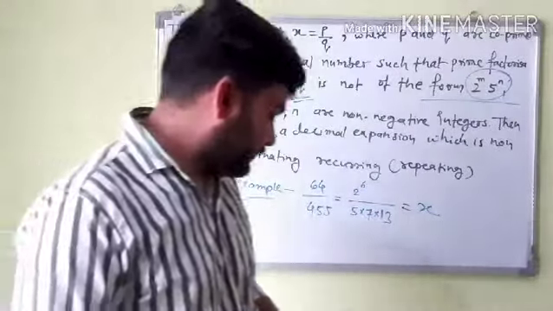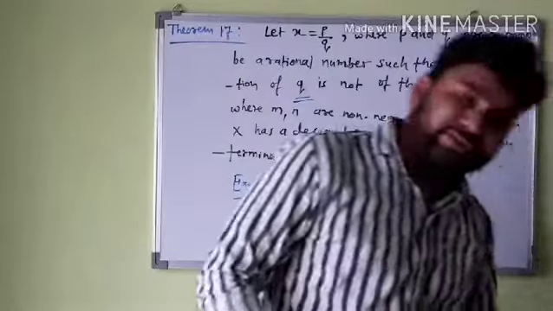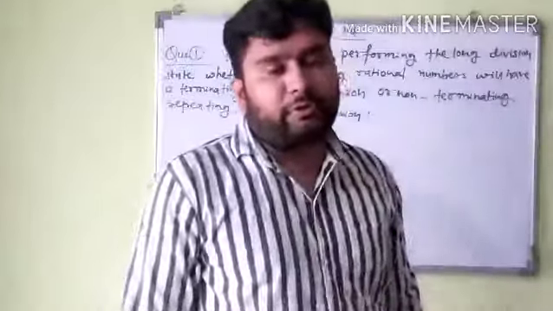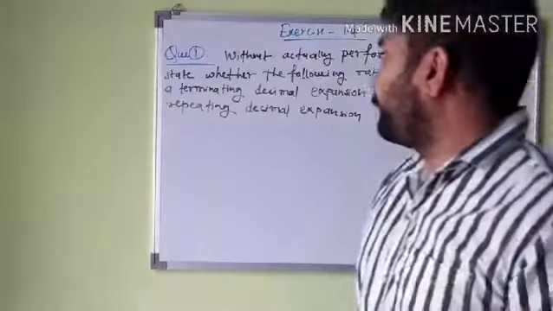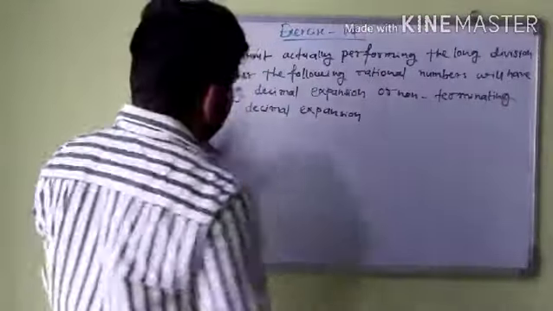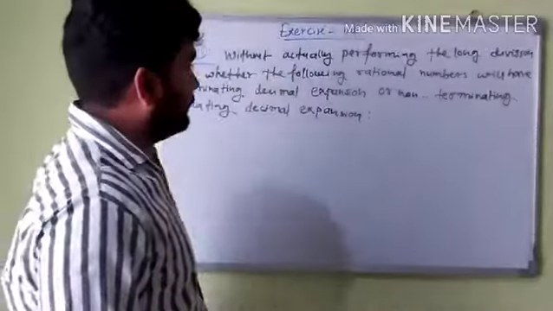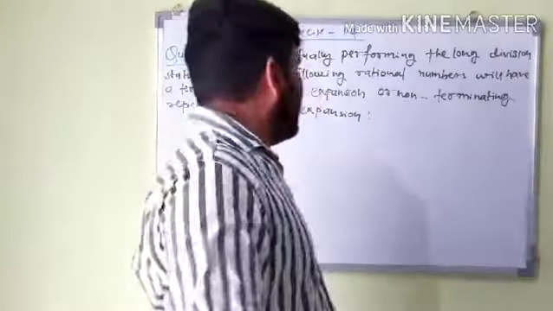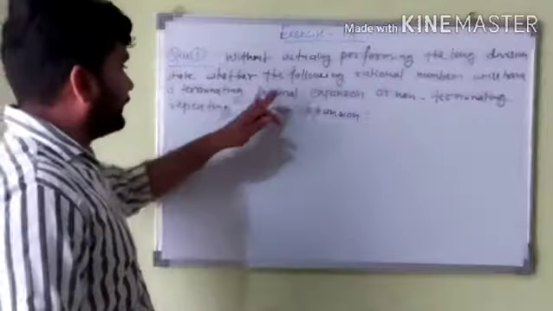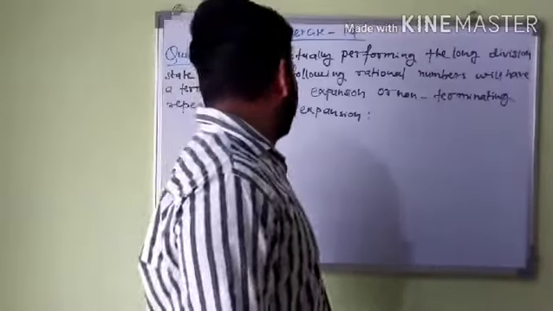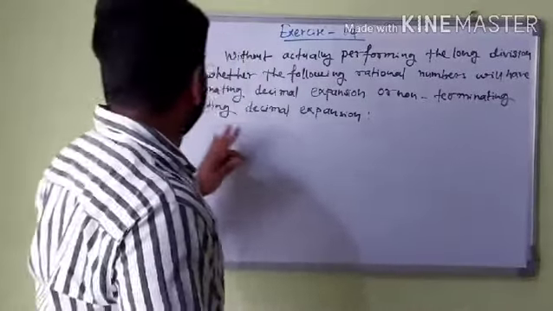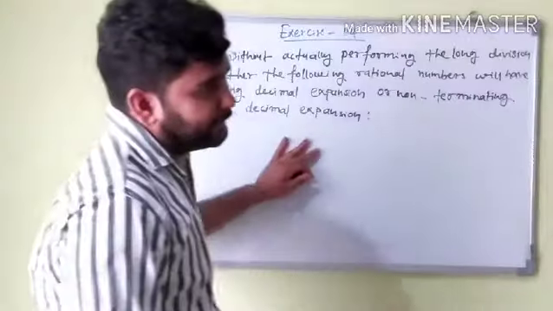Okay dear students, let's proceed to our next exercise. Here is exercise 1.4, question number 1. Without actually performing long division, state whether the following rational numbers will have terminating decimal expansion or non-terminating repeating decimal expansion.